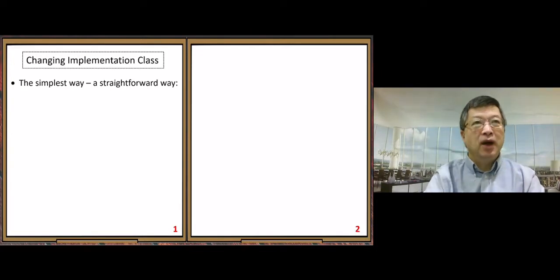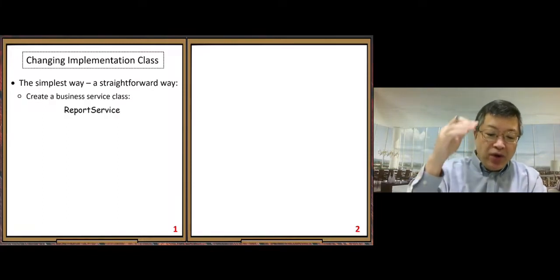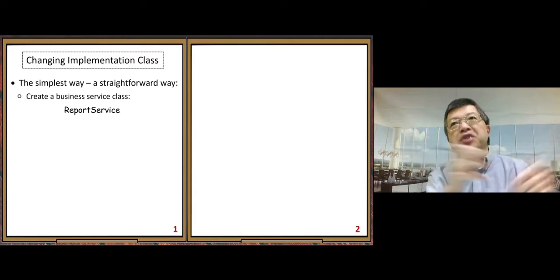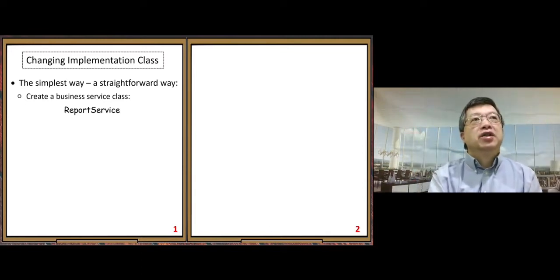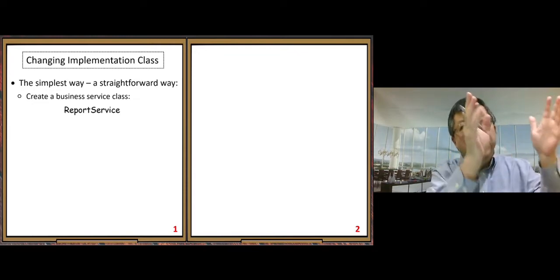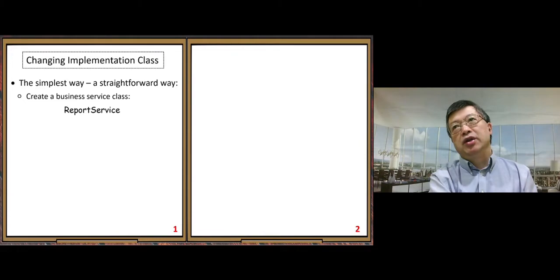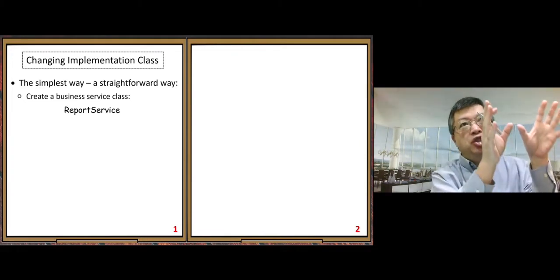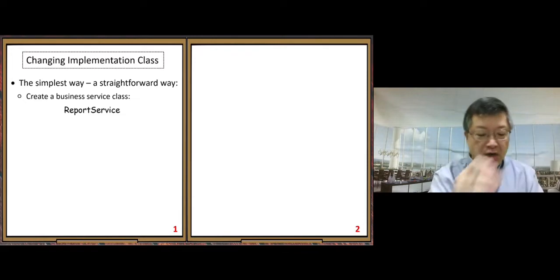Here I give you some more details. We create a business service class, because that's our business. Generating reports, now we want to do this business. So we create a special Java class, a business class.